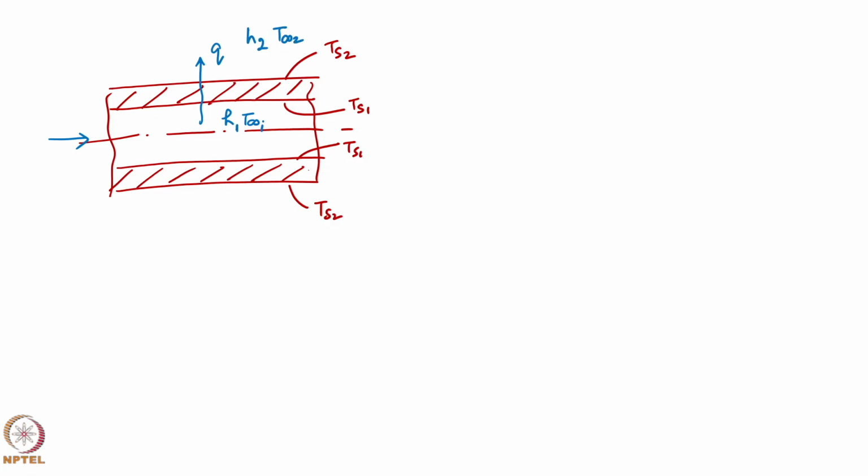So, again like conduction, we have three resistances: one for the outside convection, one for the conduction in the wall, one for the convection inside. So, from T infinity 1 to T infinity 2 we have convection inside, conduction at the wall, and convection outside.